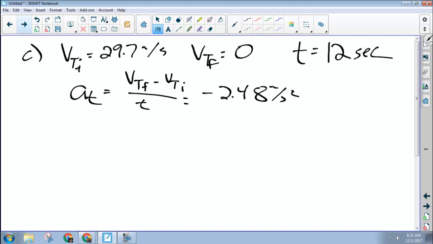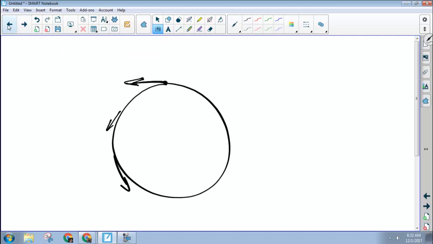Does that make sense? What that represents is the fact that the car is going in a circle but slowing down, so these velocity vectors are getting shorter. What direction would that tangential acceleration point?